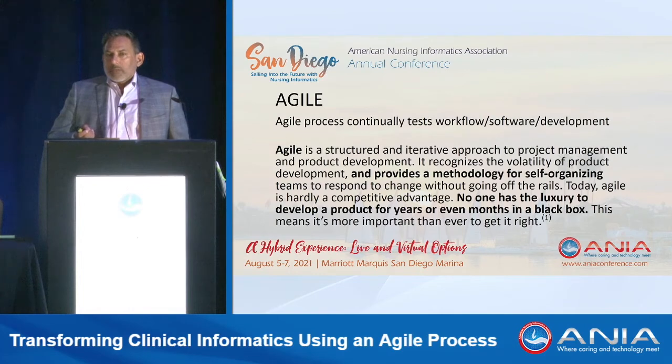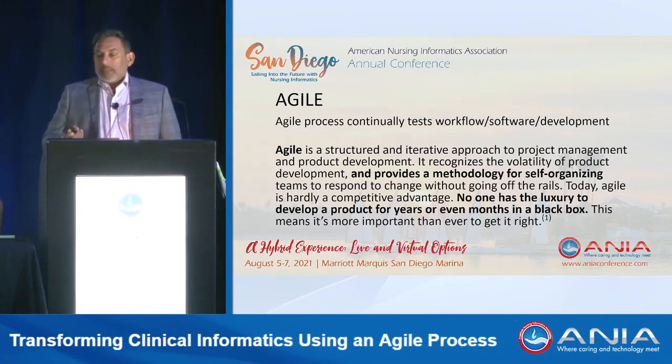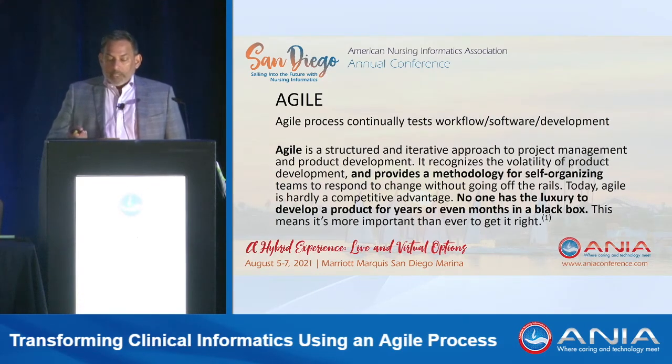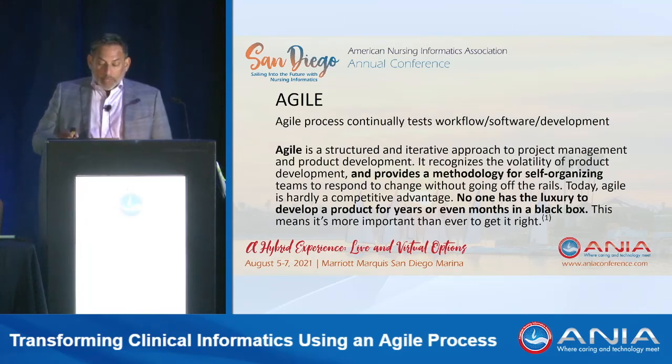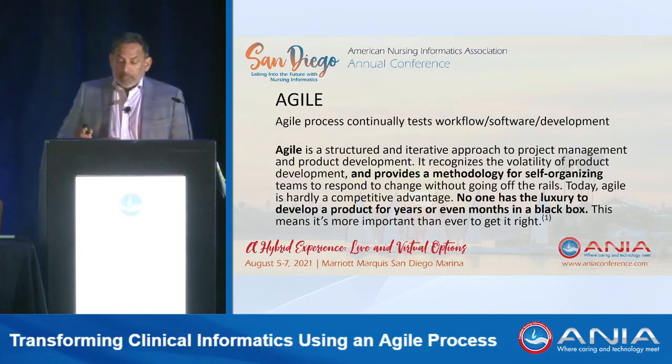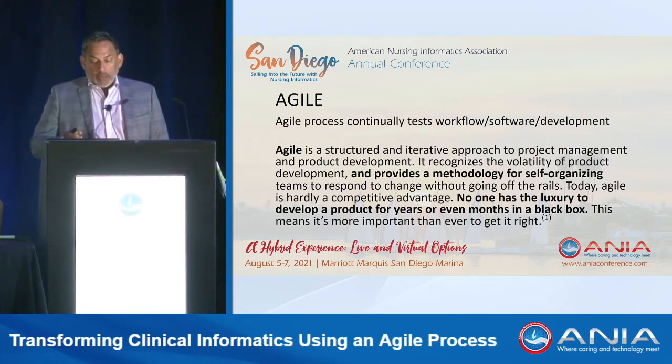So here is a more detailed definition. It continually tests the workflow of the software or the development. It's a structured, iterative approach to project management and product development. It recognizes the volatility of product development and provides a methodology for self-organizing teams to respond to change without going off the rails.